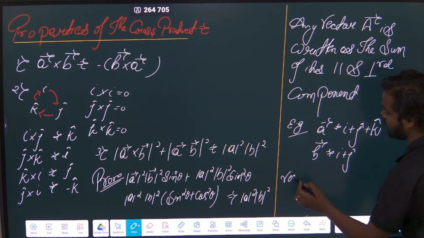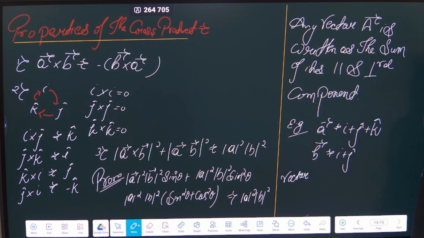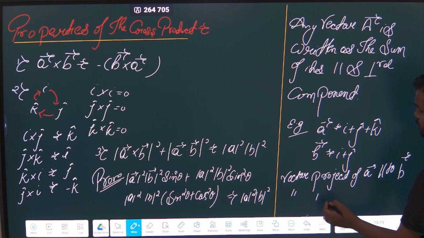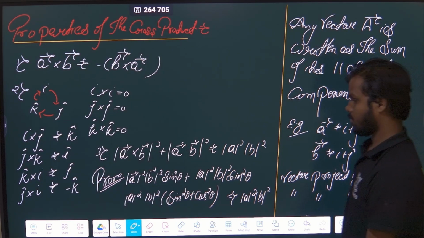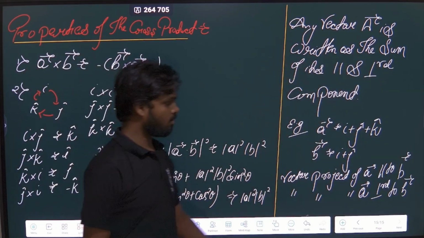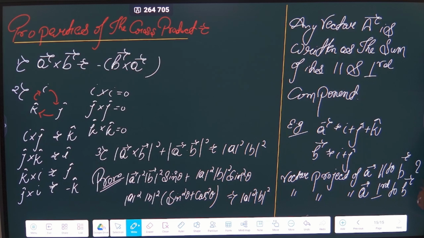I ask you to find the vector projection of A, vector A, that is parallel to vector B, and the vector projection of A that is perpendicular to vector B. Okay, these are the two questions. You have to answer these two questions. The question is, how will you solve this?